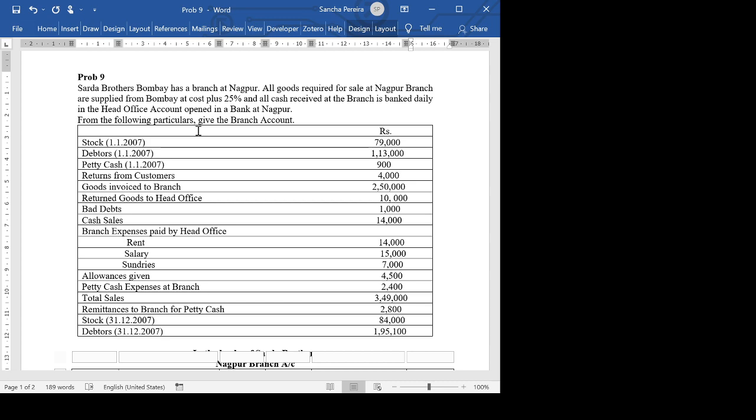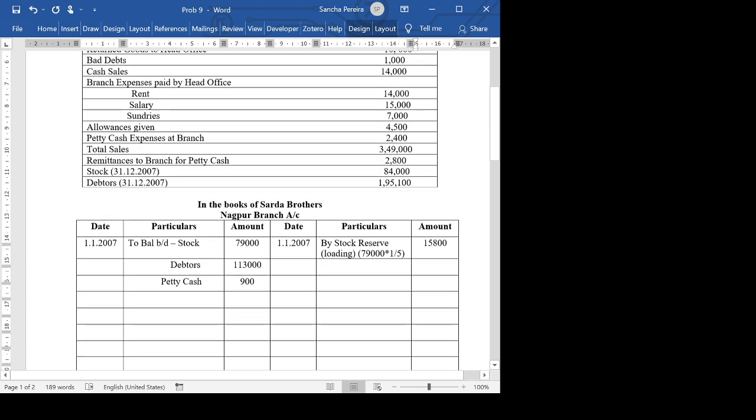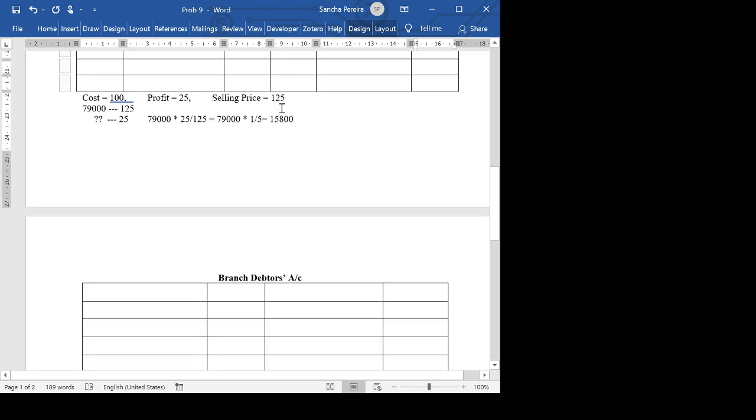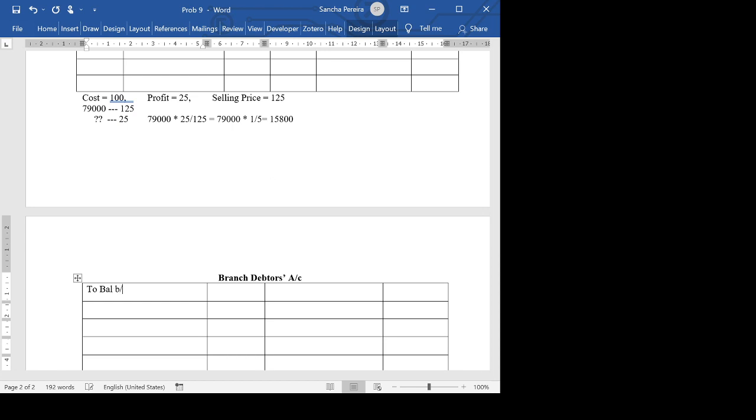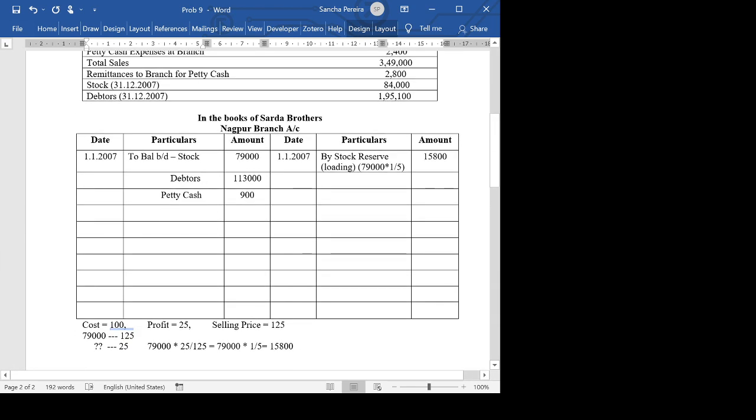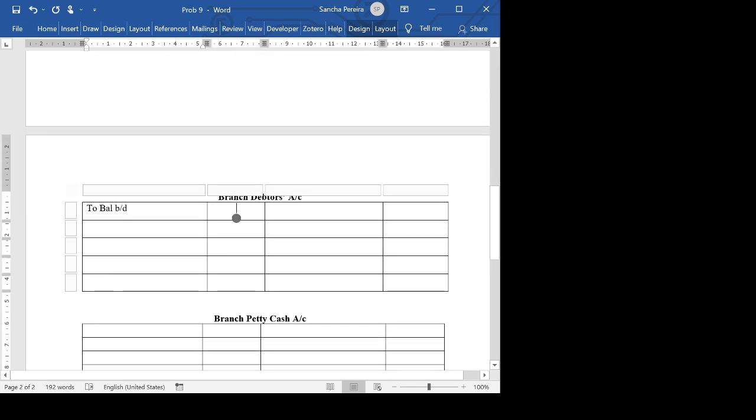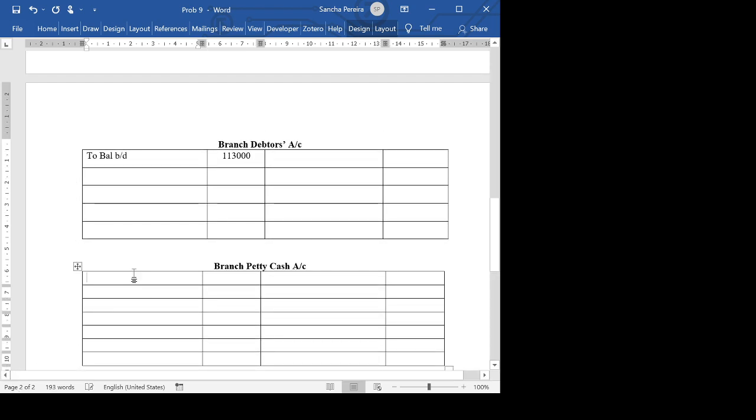Okay. Next, debtors and petty cash. We need to show the opening balance to balance brought down. The opening balance of debtors is 1,13,000, and the opening balance of petty cash is 900.